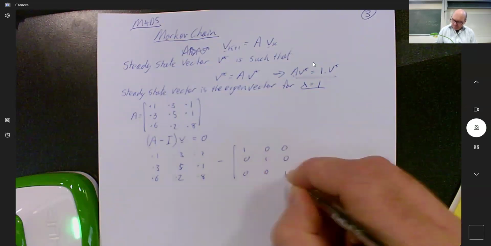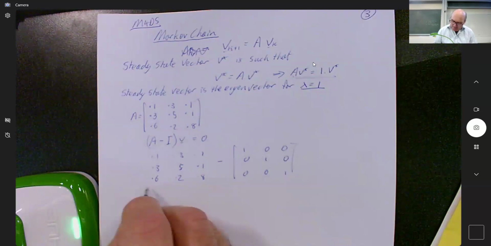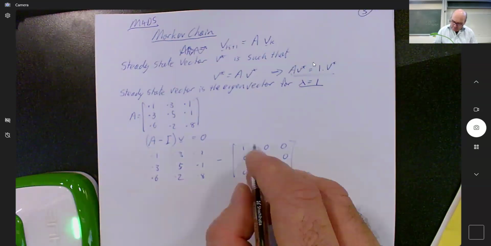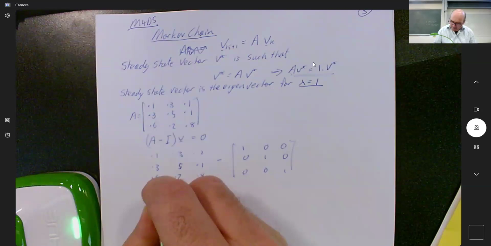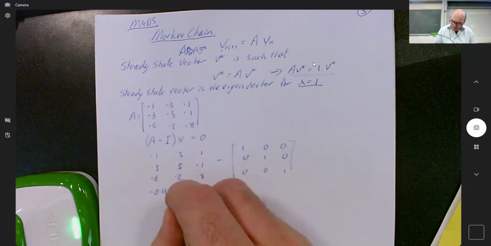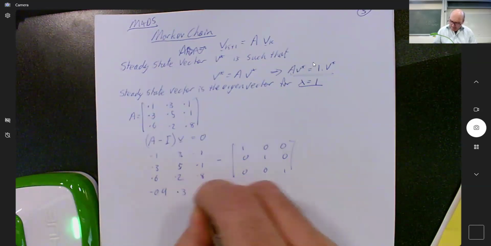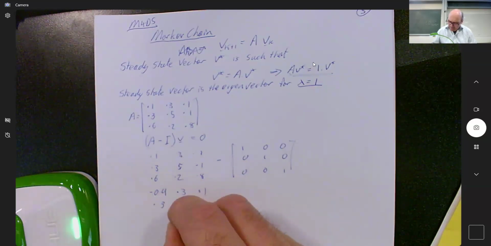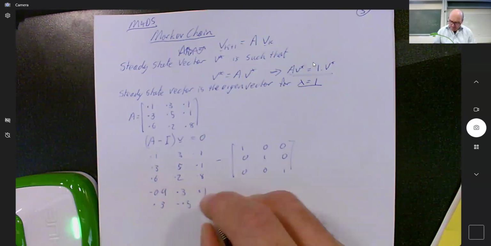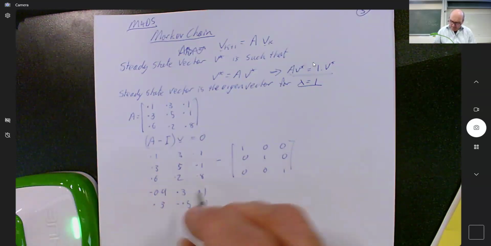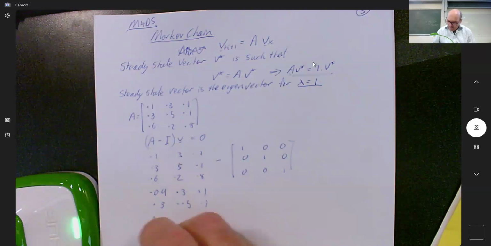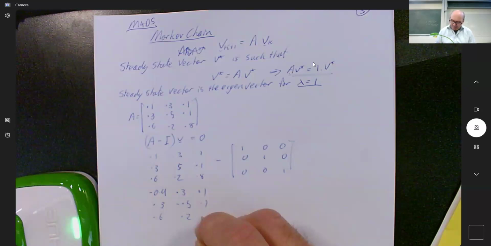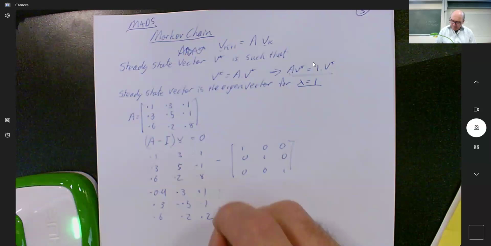This is going to get me minus 0.9, 0.3, 0.1, 0.3, minus 0.5, 0.1, 0.6, 0.2, and 0.2. That's not looking like fun. Remember, we're solving this for equal to 0.